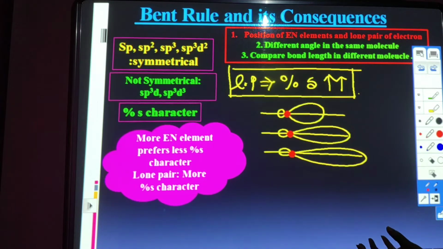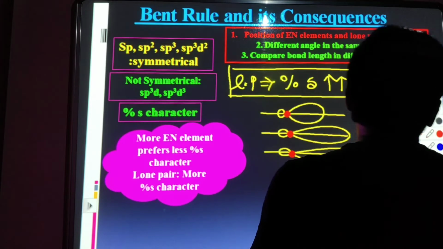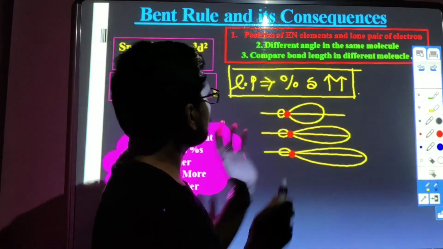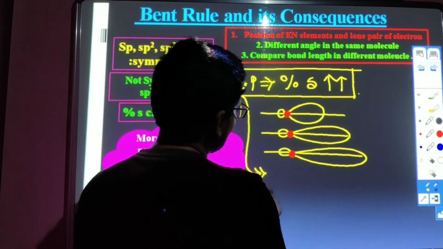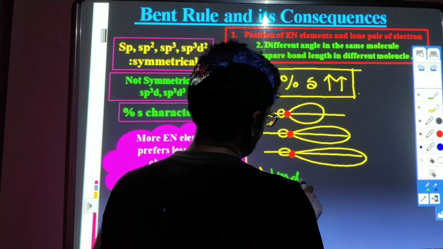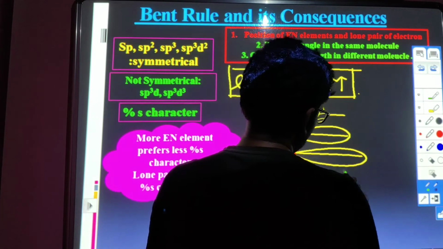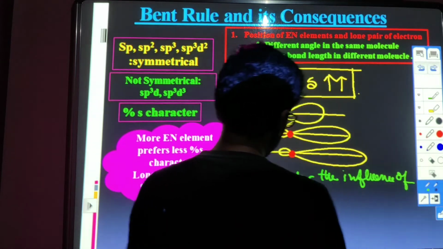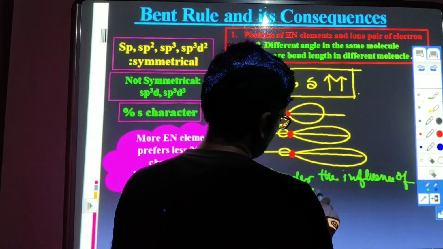Now, the lone pair, first of all, will be under the influence of only one nucleus, under the influence of one nucleus.